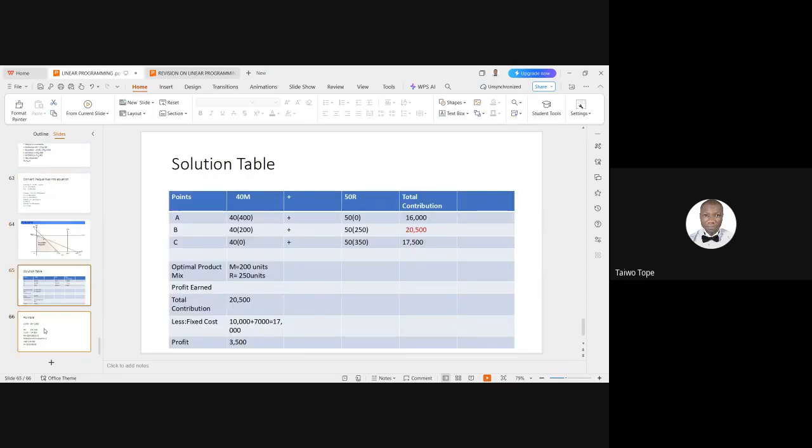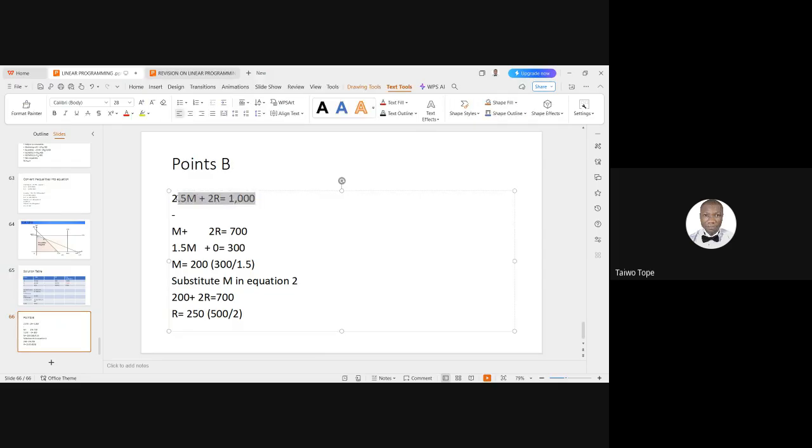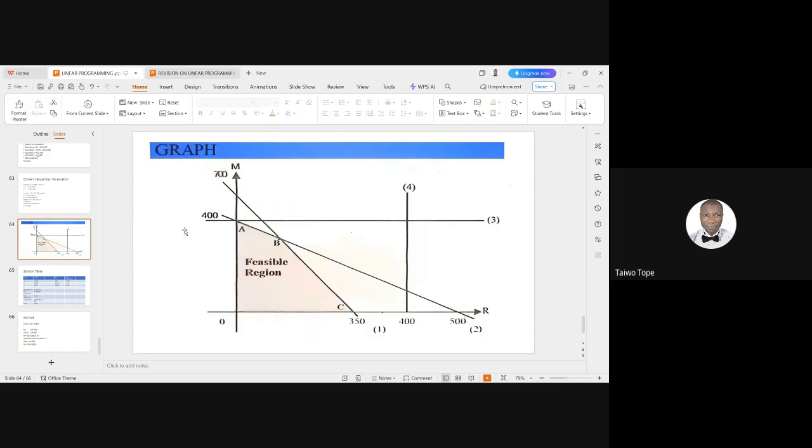We used them at point B to get the two values of M and R at this point here. So after this class, I'll refer you to the question in the Pathfinder. You go and solve and come and tell me the point of intersection and the limiting factor using the graph. Okay, sir.